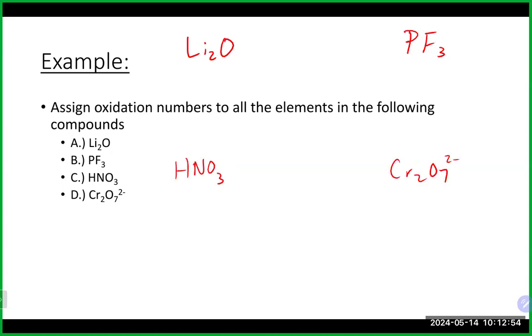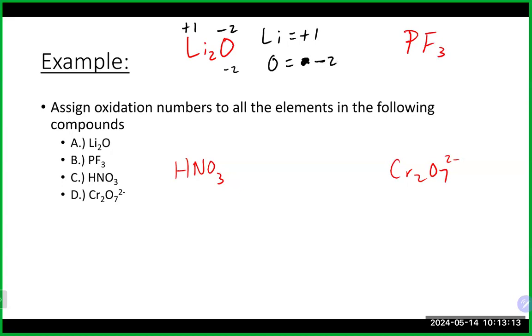Okay, so let's take a look. We'll start up here at the top with our lithium oxide. Start with oxygen, which is -2. And again, to balance that out, our lithium would be +1. Lithium has an oxidation state of +1, oxygen being -2.